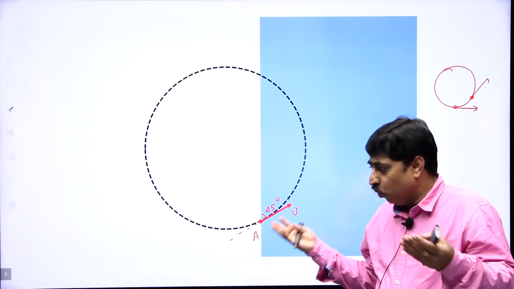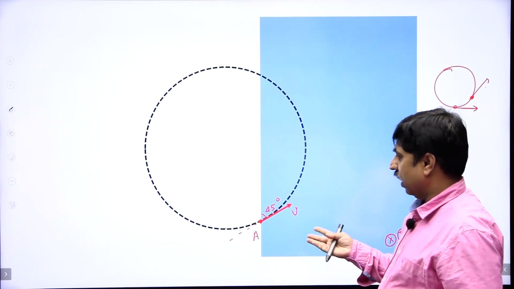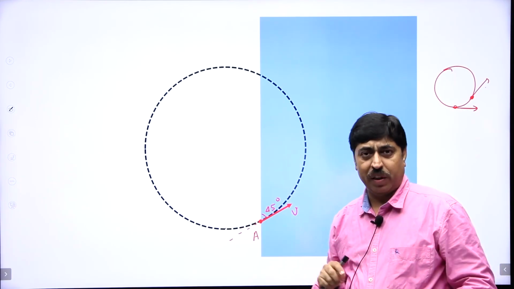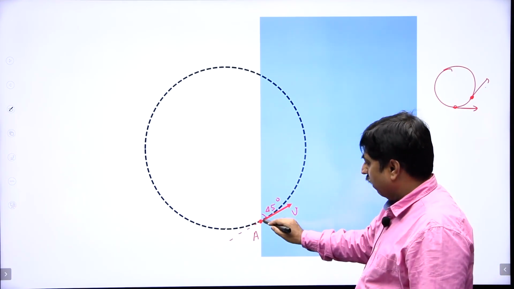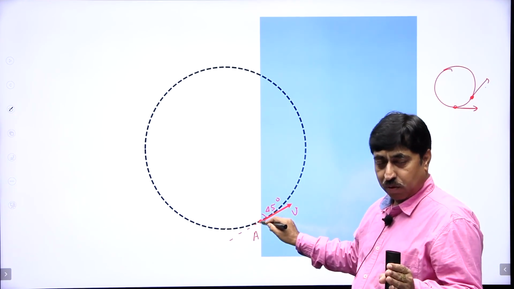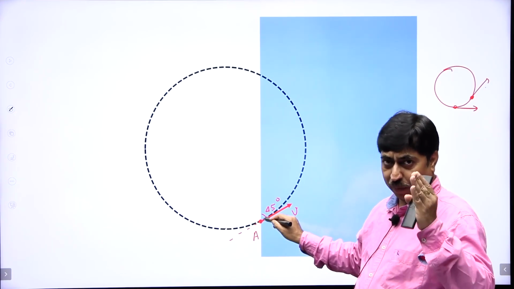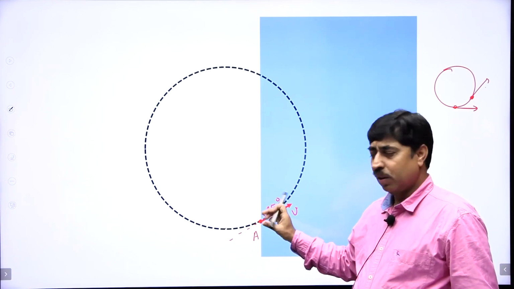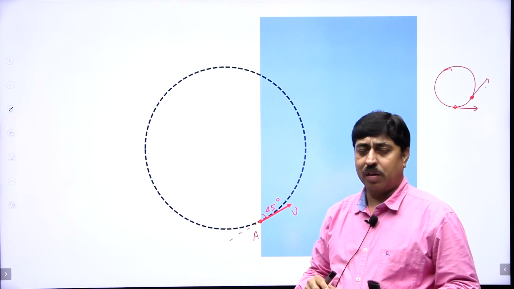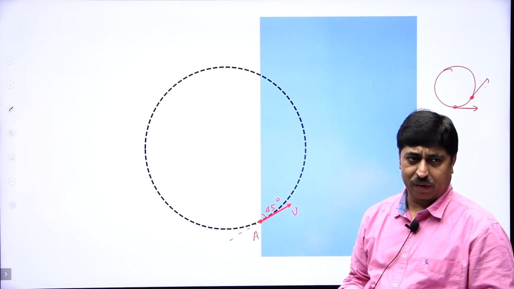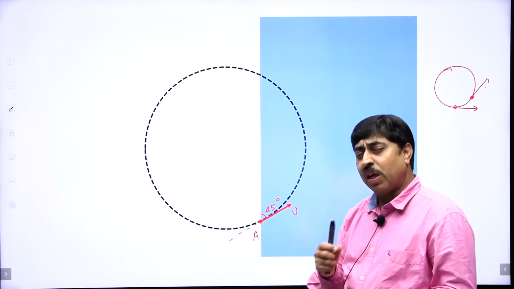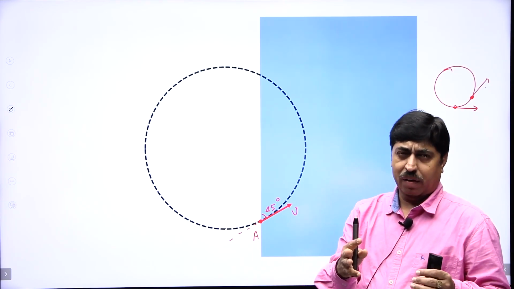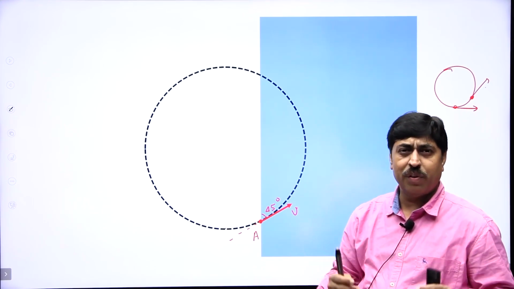Had there been a magnetic field everywhere, this would have been the circular path, but the magnetic field starts from this particular point, where the particle has been projected. So it will only cover a part of the circle inside the magnetic field. As soon as the particle is released inside the magnetic field, it begins to move in a circular path.